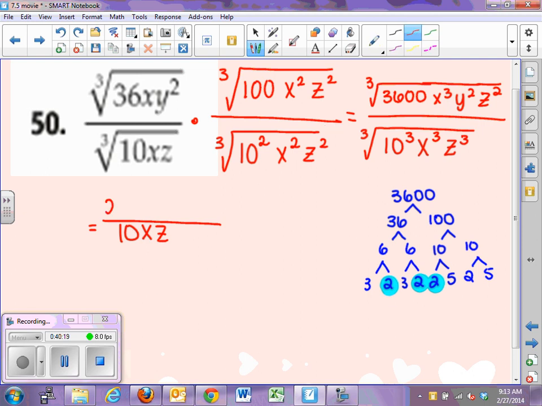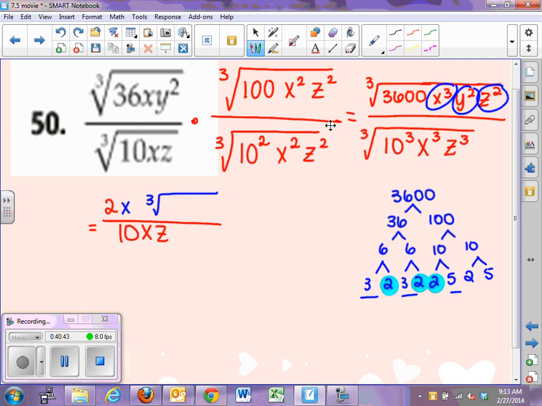So I can pull out a 2, and I'm left with, oh wait, let's look at the variables. I have x to the third raised to the third power, so it's just x. And I have z squared and y squared, not enough to pull out. So I'm left with the cube root of 3 times 3, 9, times 5.